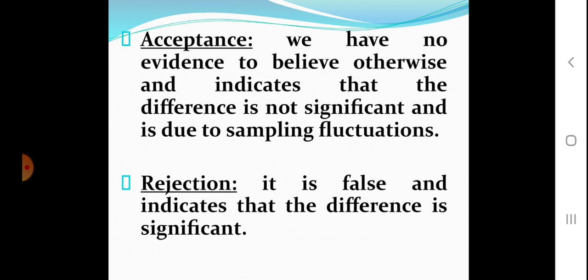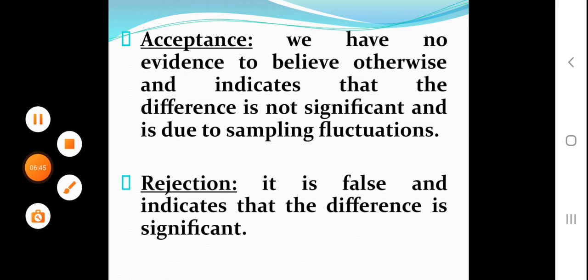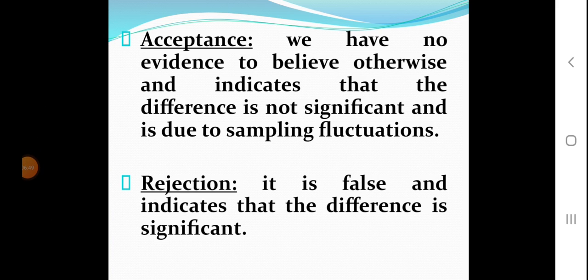Due to sampling means that the difference found is accidental, arising out of the fluctuations of sampling. Rejection: the rejection of a null hypothesis implies that it is false and indicates that the difference is significant.